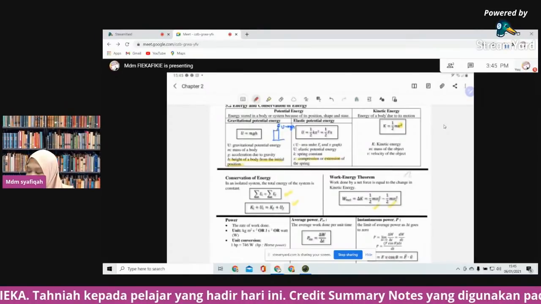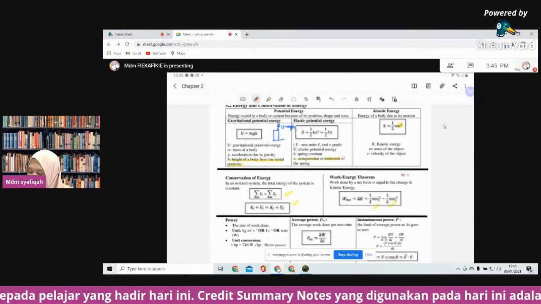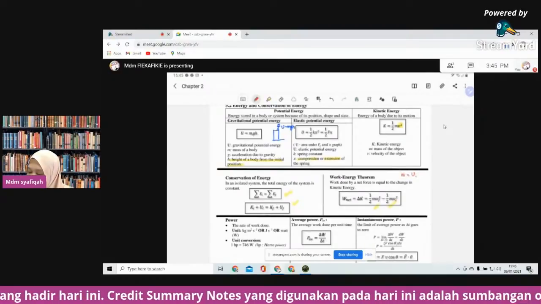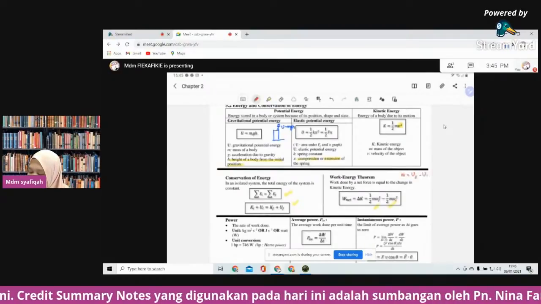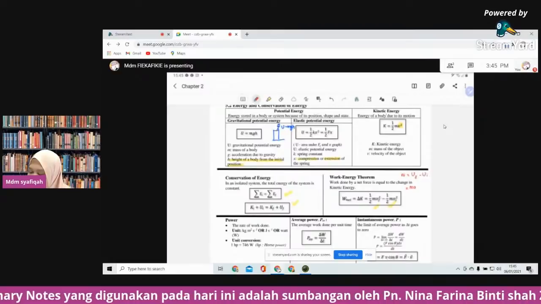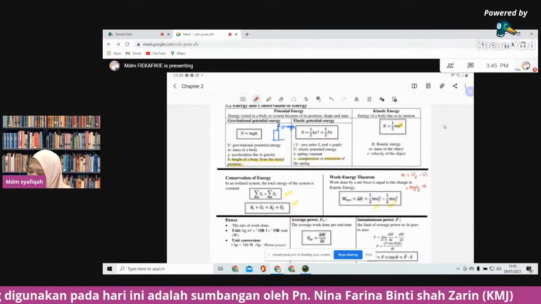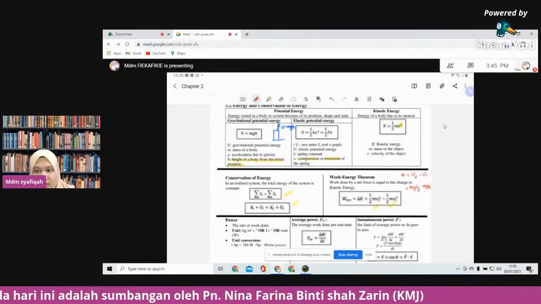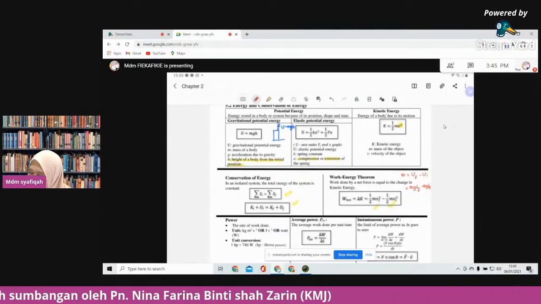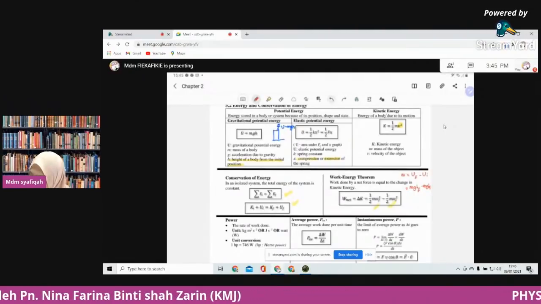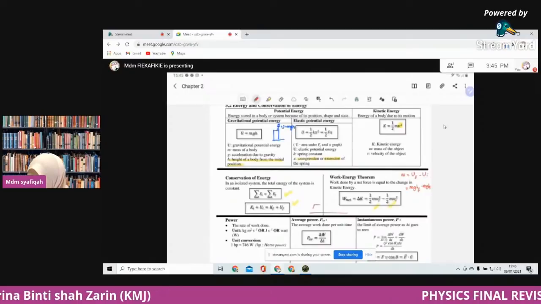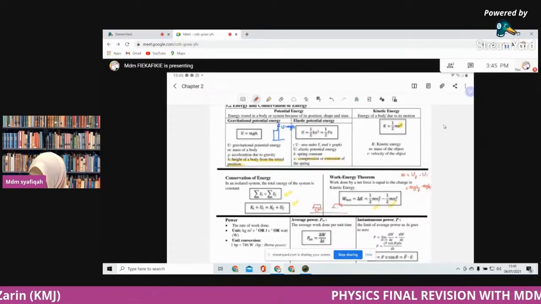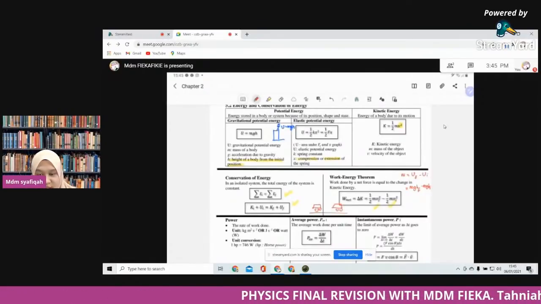The work done is equal to U final minus U initial. Maknanya MGH final minus MGH initial. Kalau dia kereta saja bergerak, dia tak ada perubahan height, no change in height.